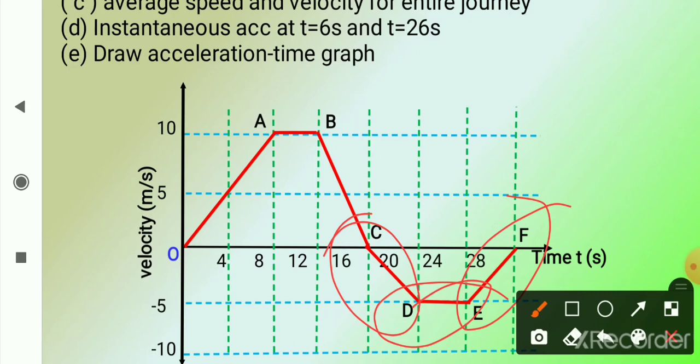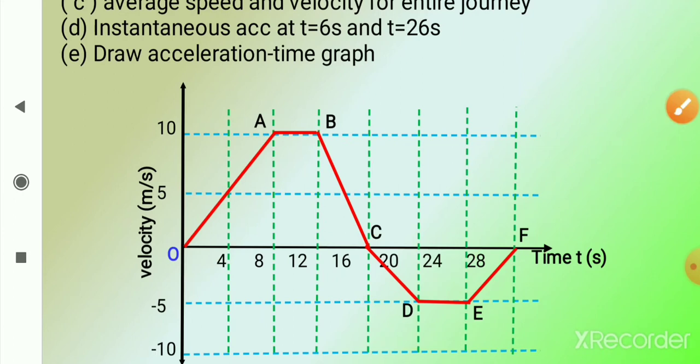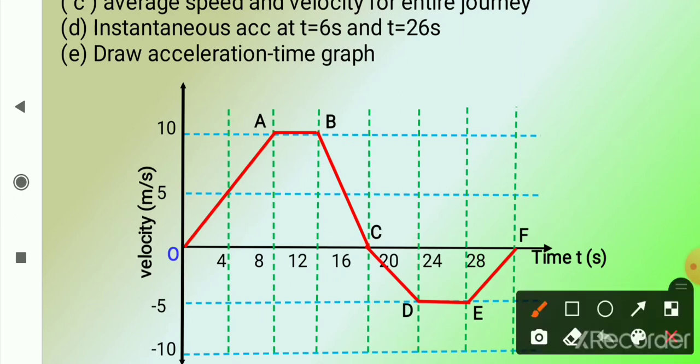And we know that acceleration from this velocity time graph is given by the slope of the graph. So we have to find out the slope of this line OA, slope of AB, slope of BC, this one and this one. We have to find out the slope of each segment.